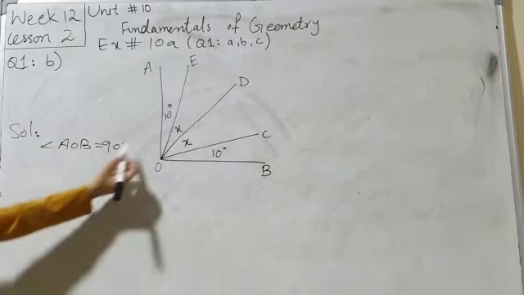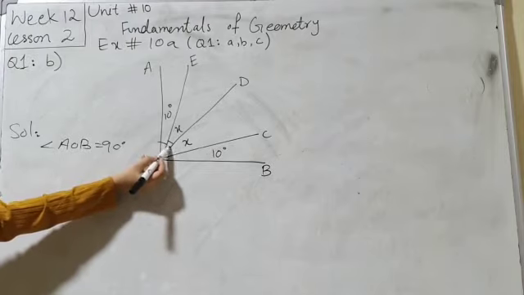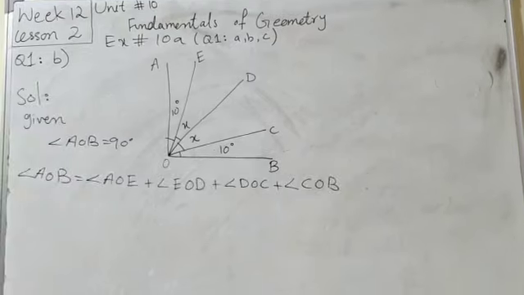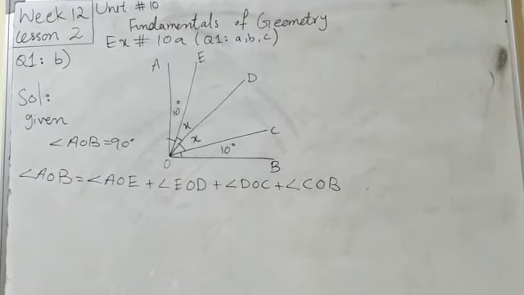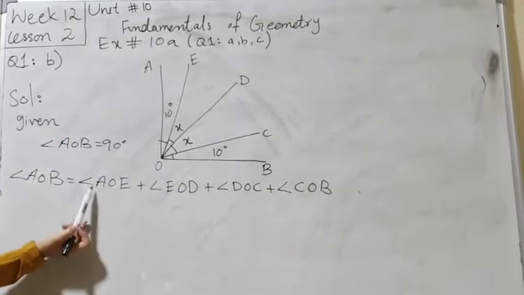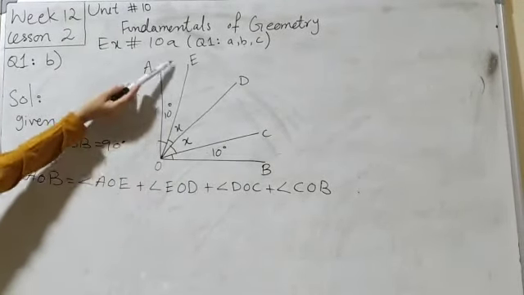So it means the total angle AOB is a sum of all of these angles, right? Now we can write angle AOB as a sum of all the angles, that is AOE, EOD, DOC and COB.